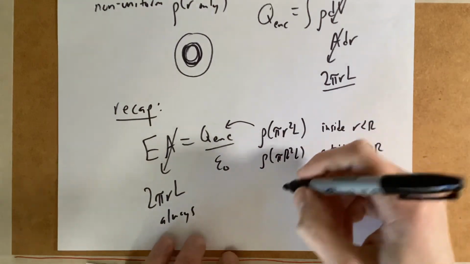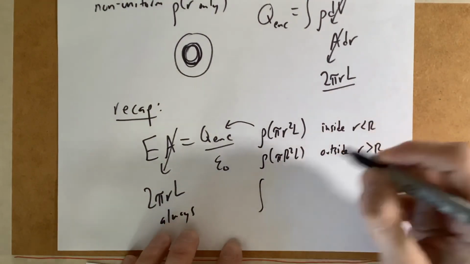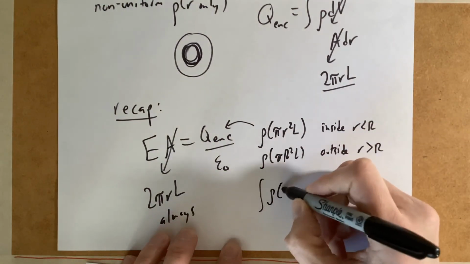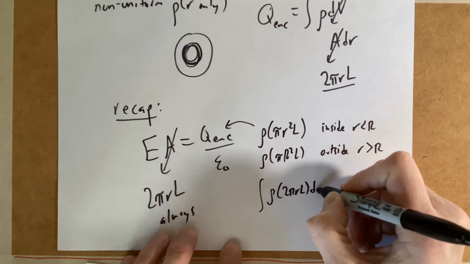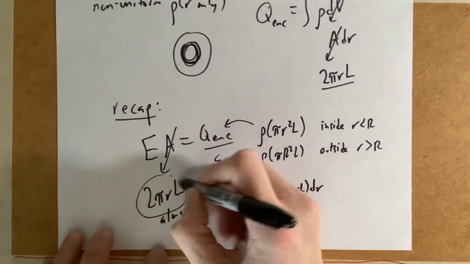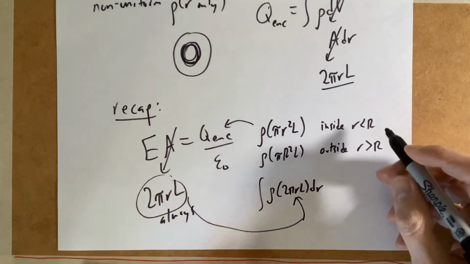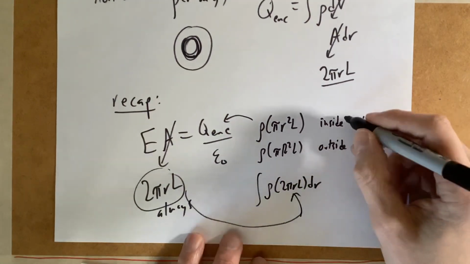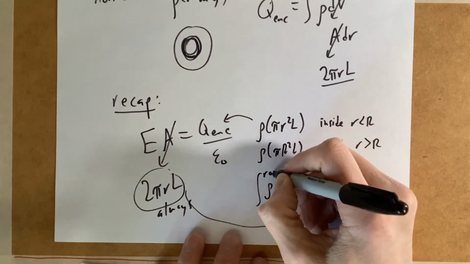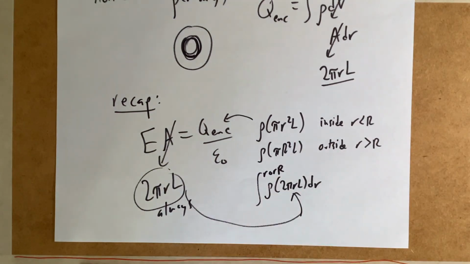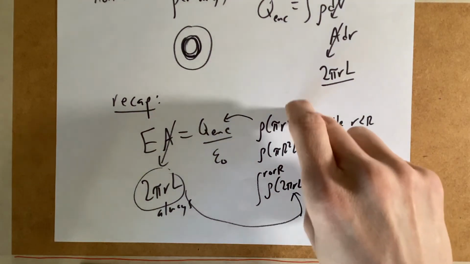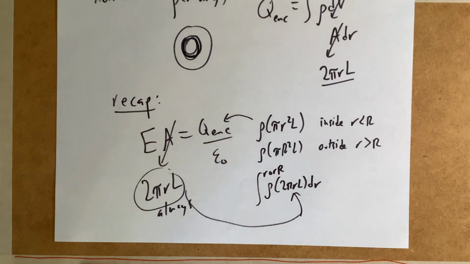And then if you have a non-uniform charge distribution, this would be rho 2 pi rL dr. This is the same as this. You just throw it in there. And then the same decision of inside or outside becomes a decision on your integration bound. So the same decision here becomes a decision on the integration bound here.